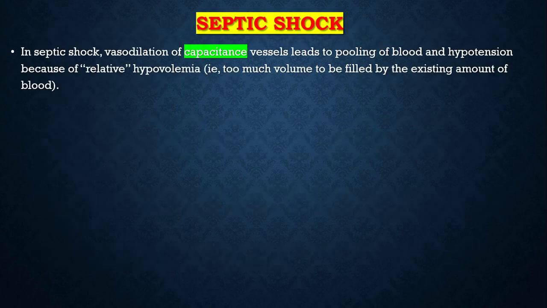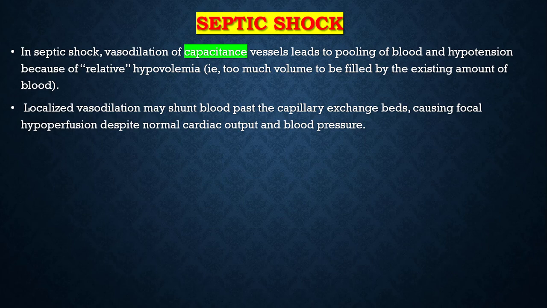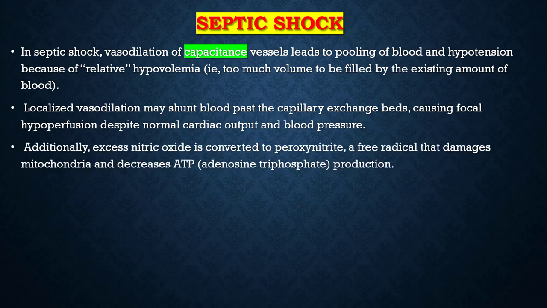Septic shock. In septic shock, vasodilation of capillary vessels leads to cooling of blood and hypotension because of relative hypovolemia. That is too much volume to be filled by the existing amount of blood. Localized vasodilation may shunt blood past the capillary exchange beds, causing focal hypoperfusion despite normal cardiac output and blood pressure.